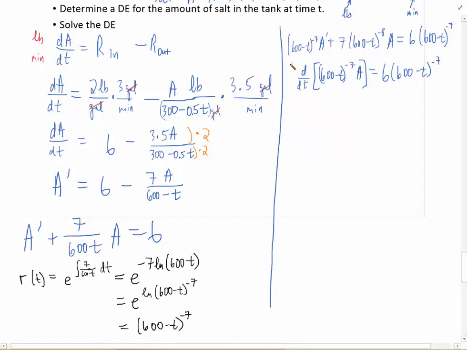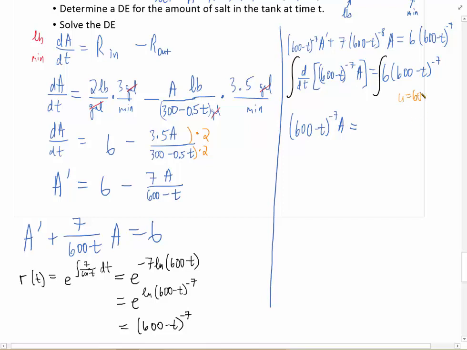We integrate both sides of the equation with respect to t, of course. So the left-hand side is just 600 minus t to the negative 7th times A. Now the right-hand side, you might have to use a substitution, but techniques that you learned in Calculus 1 will integrate this with a simple substitution.